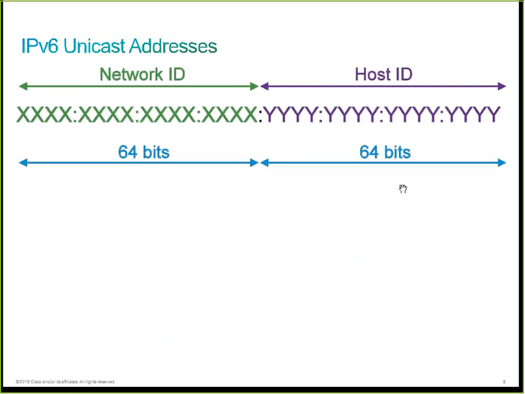So by default, the network ID is the first 64 bits and the last 64 bits is the host ID. That's the default manner in which IP version 6 addresses are defined. So remember, the first or leftmost 64 bits are the network ID and the rightmost 64 bits are the host ID.